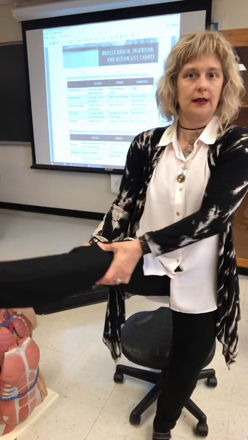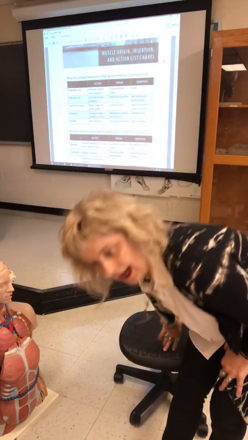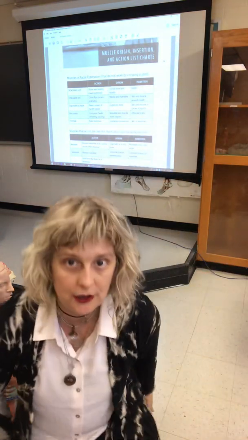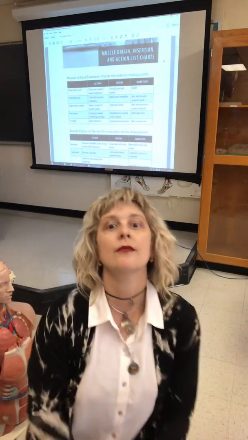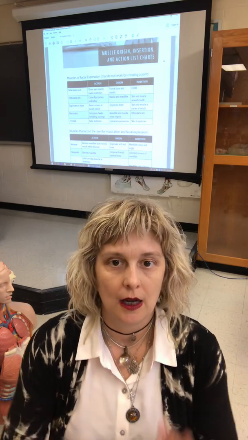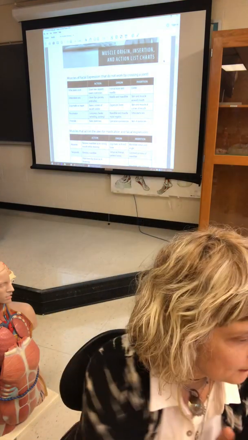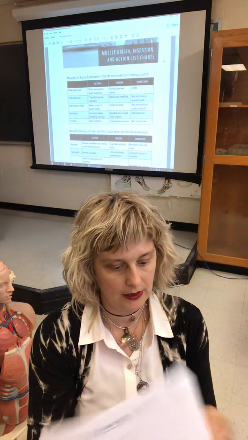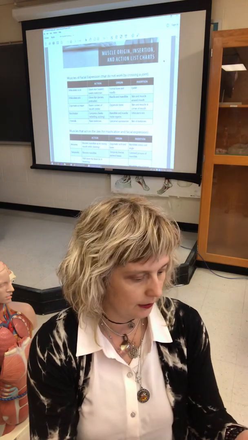You're going to abduct that way. So that is everything you need to know about gluteus maximus. What does it do? Hip extension, external rotation, and abduction. Again, why am I going over this? Well, according to this, you really need to know gluteus maximus.